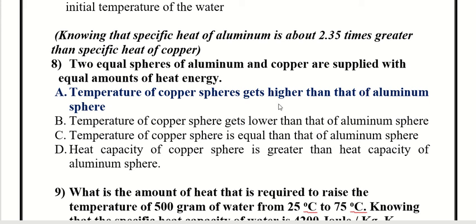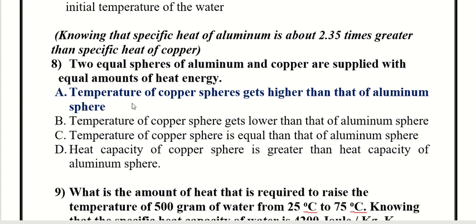Of course not, as there is an inverse relation between the difference in temperature and the specific heat capacity. It cannot be correct. And this one is also not correct, as aluminum has a specific heat capacity larger than that of copper, so the temperature of aluminum must be lower than that of copper.